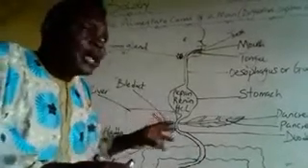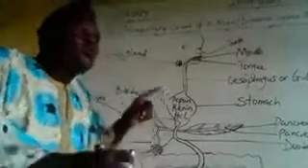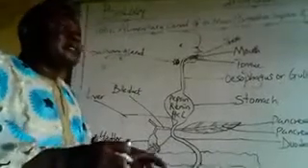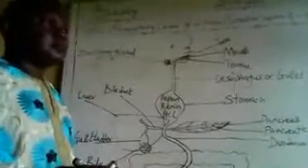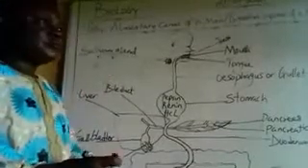In the small intestine, we have the intestinal wall, and the intestinal wall secretes intestinal juice, which contains some enzymes.